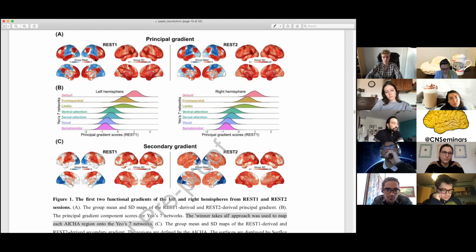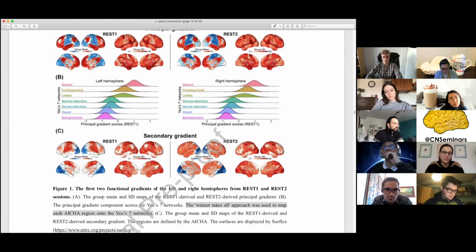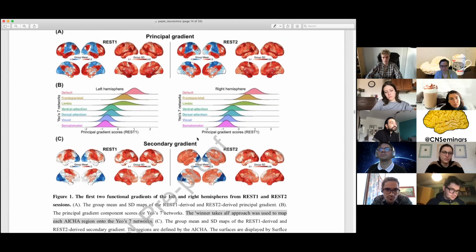That's true for the first principal gradient, but not for the second gradient when you separate the two hemispheres and calculate each gradient per hemisphere. So they just focused on the principal gradient, which looks, as I said, quite alike what Margulies showed in his papers.